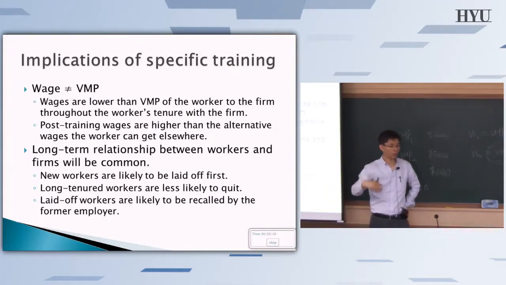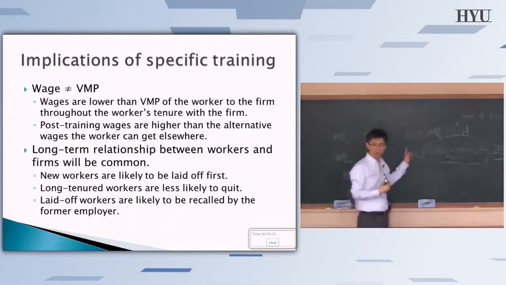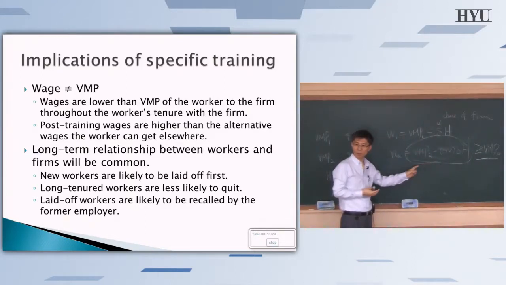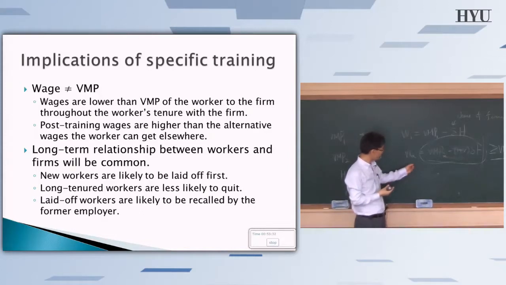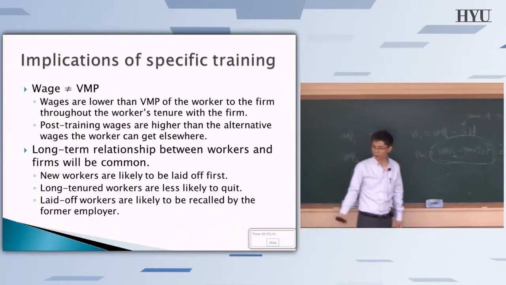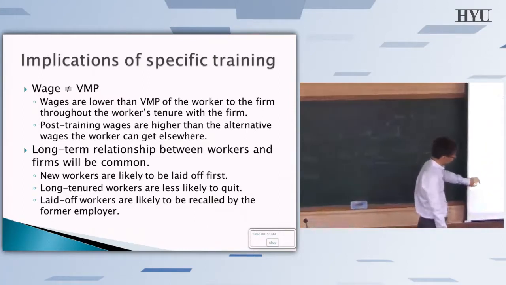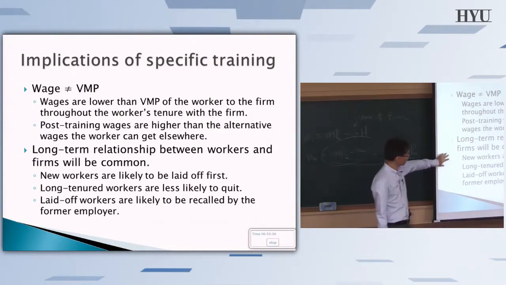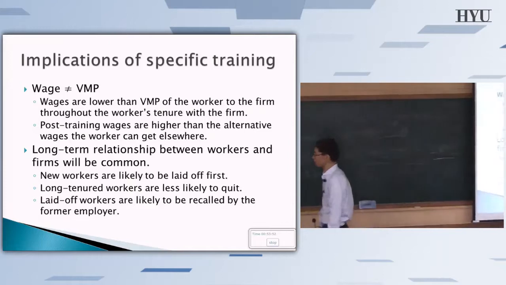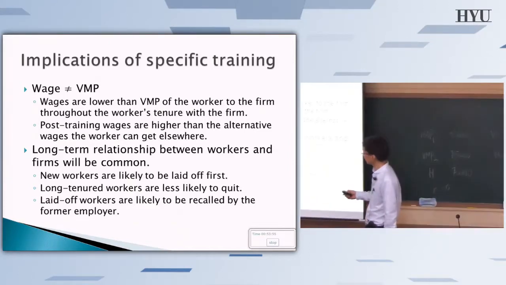So when you recall them, you are actually paying W2, which is less than VMP2. So this person's cost is lower than the value. It's much more beneficial to the firm to recall their previous employees than to just hire a new person and go through the training process all over again. Actually, these three phenomena are pretty common across labor markets, and long-term relationships are very common.